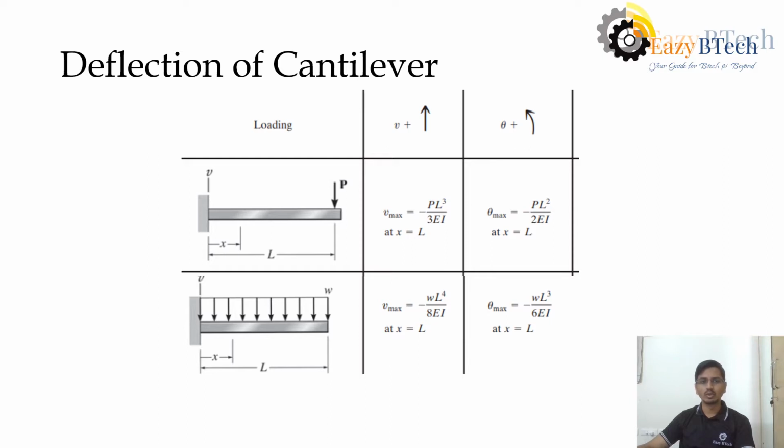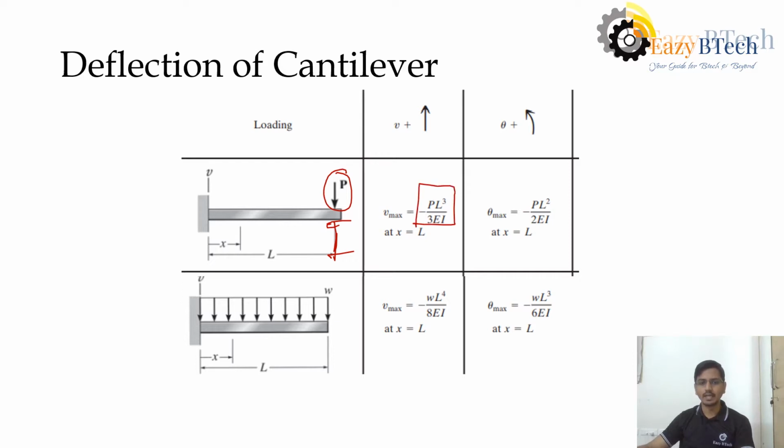Before discussing this, let us recall the different formulas which you have derived in strength of materials for deflection and rotation. So this is a cantilever beam. If there is a point load at the end, then what will be the maximum displacement? The maximum displacement will occur at this end, and it can be found out by this formula, PL cubed by 3EI.